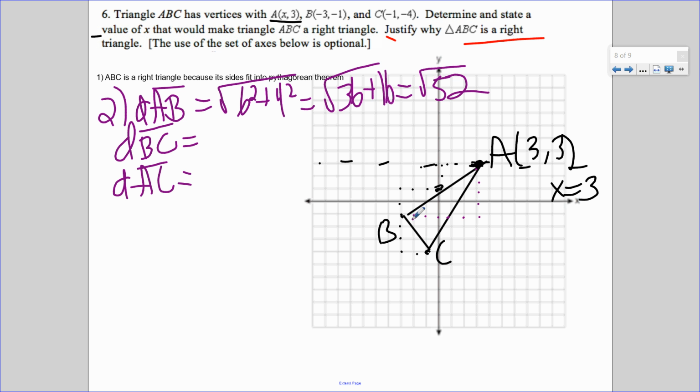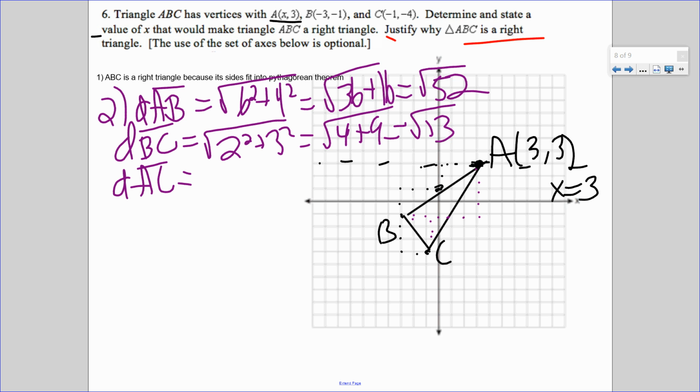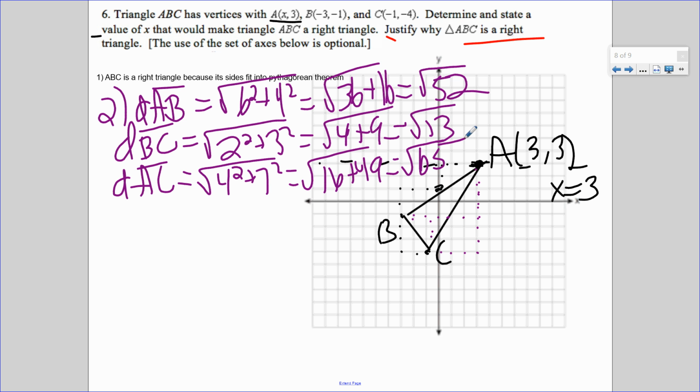BC is 1, 2, 1, 2, 3. 2 squared plus 3 squared. 4 plus 9, which is rad 13. AC is 1, 2, 3, 4. 1, 2, 3, 4, 5, 6, 7. 4 squared plus 7 squared. 16 plus 49, which is rad 65.